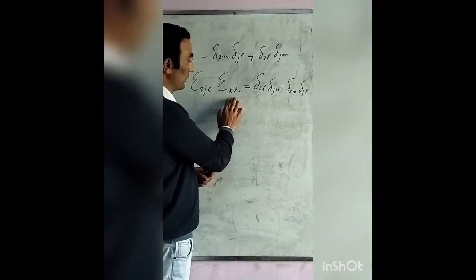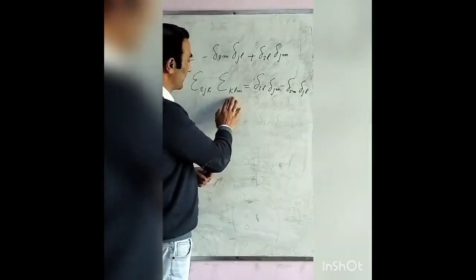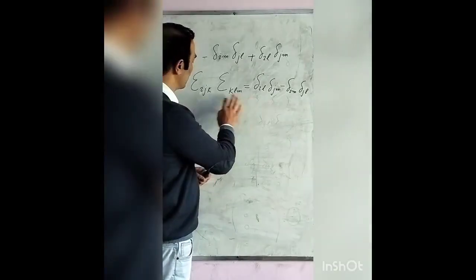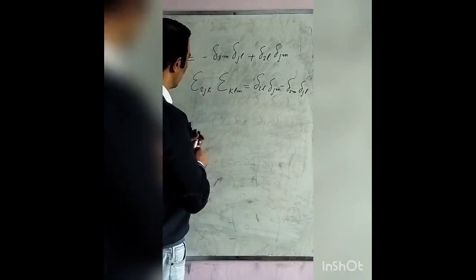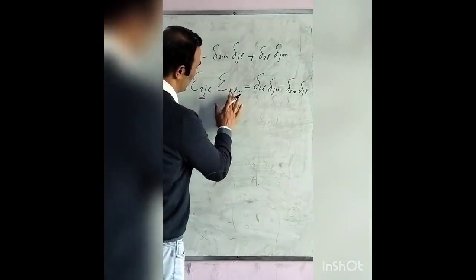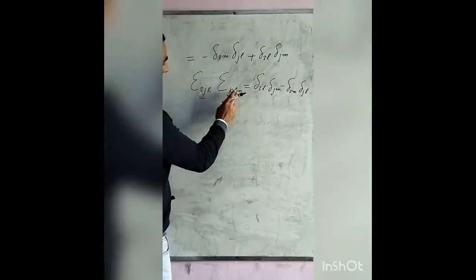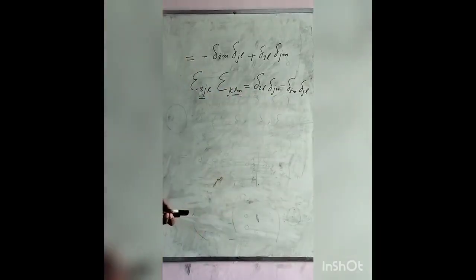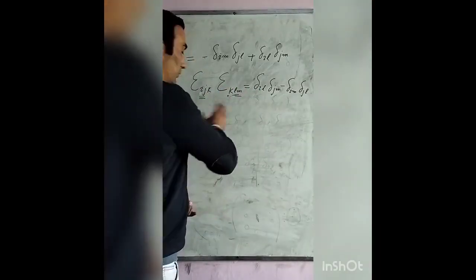You are taking summation over k, so k is our dummy index. So you take the possible combinations: i with l, j with m, then i with m, j with l. This way you can remember the product of these two.